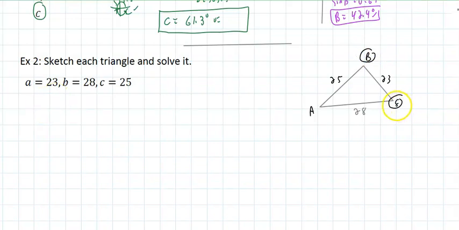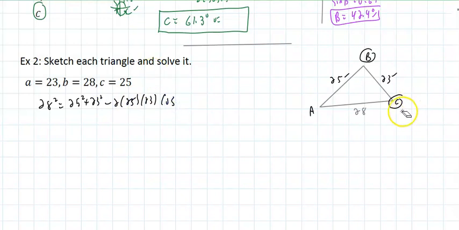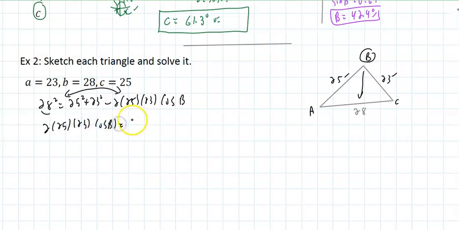And I could say, if I want to find B, for example, 28 squared equals 25 squared plus 23 squared minus 2 times 25 times 23, the cosine of the angle opposite of 28, which is B. And again, I could swap those. Of course, you could simplify that beforehand, so you don't have to carry all of this mess, but I want to keep this so you could see it.